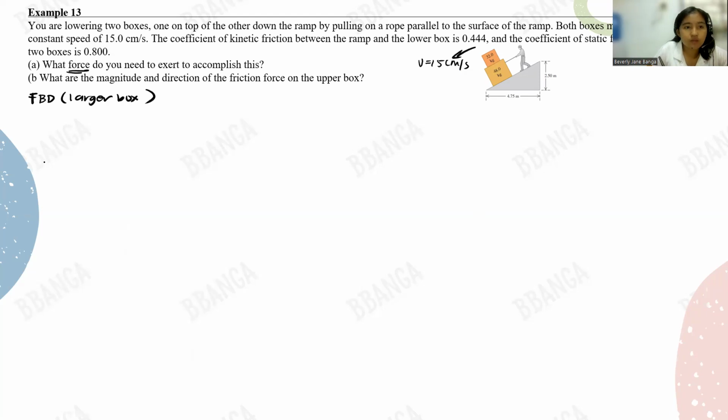Okay? So, meron tayong ramp. And as usual, meron tayong weight.